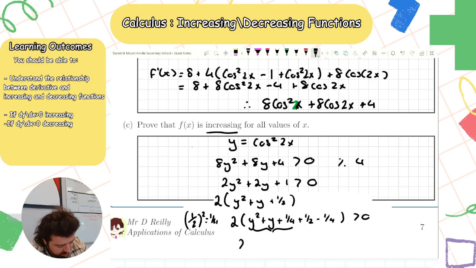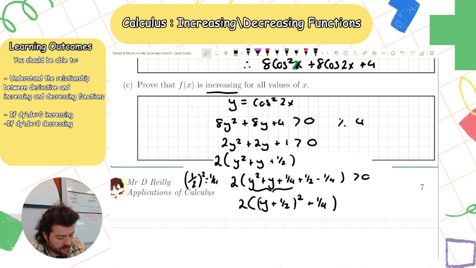This will factorize to y plus a half squared, and then a half minus a quarter is a quarter. Multiplying that by 2, I'm left with 2 times y plus a half squared, plus 2 times a quarter, which is a half.